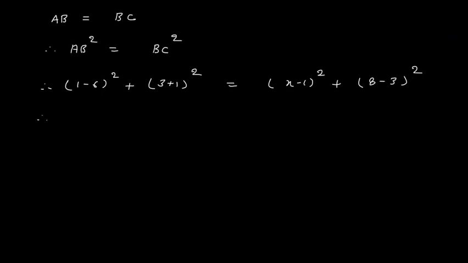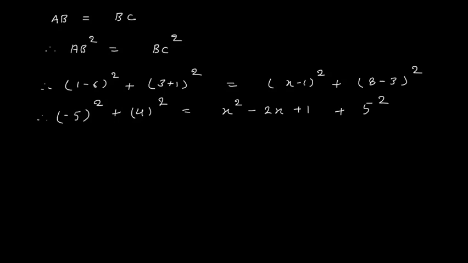So 1 minus 6 is minus 5. It is (minus 5) the whole square plus (3 plus 1 is 4) square, is equal to (x minus 1) the whole square, which is x square minus 2x plus 1, plus 8 minus 3 is 5, it is 5 square.